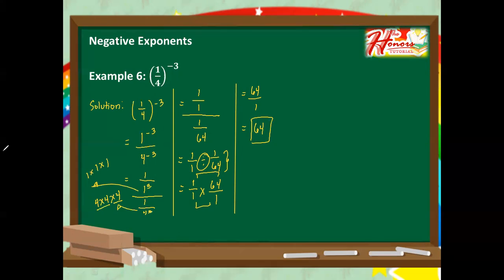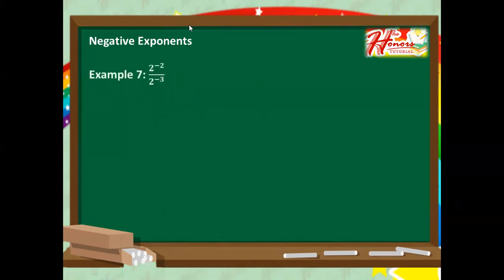Let's have another. Now we have here 2 raised to negative 2 over 2 raised to negative 3. So this will be your solution. Since the base is the same, kindly copy the base once, and then since this is division, we have to subtract the exponent.